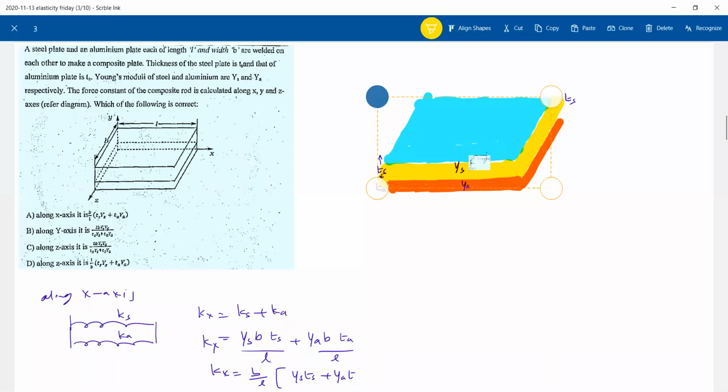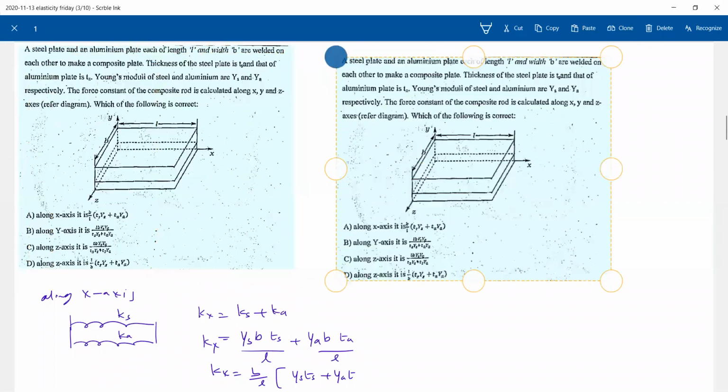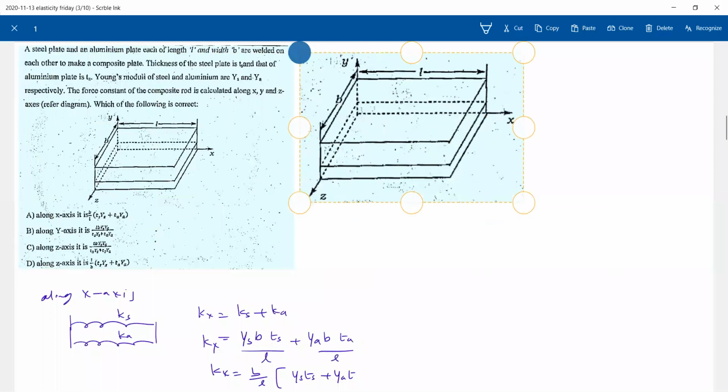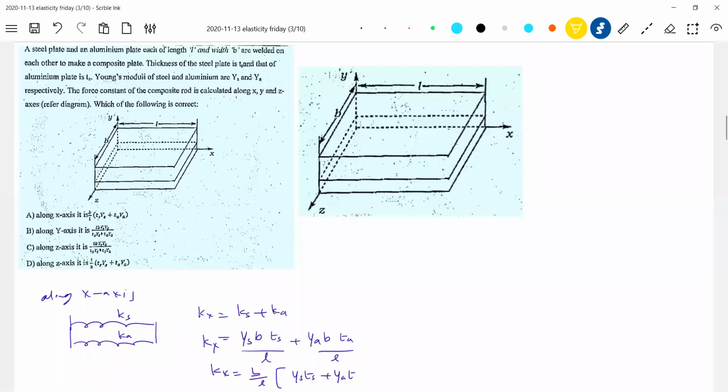Just wait, I'll get the diagram. I'll make the diagram. Once again, I have to do it. Meanwhile, if you have an idea, you carry on. I'll finish off this shading.